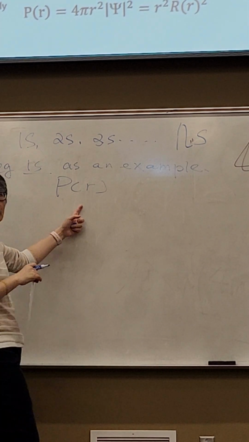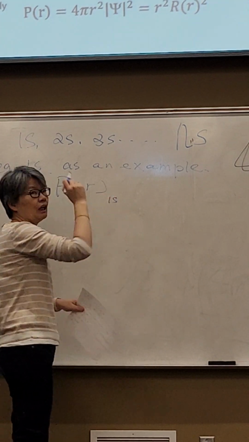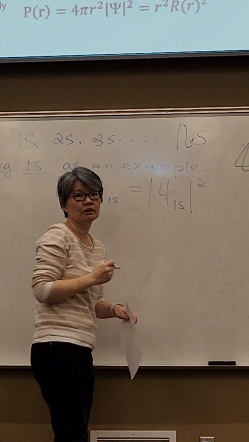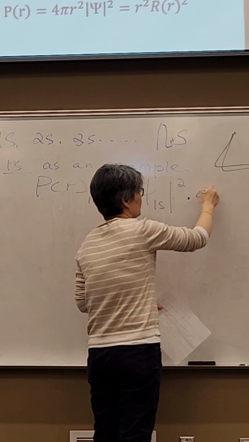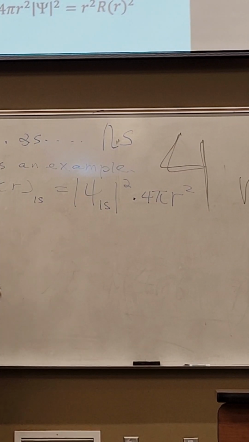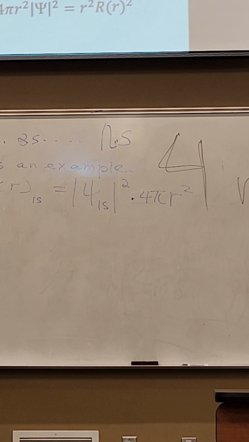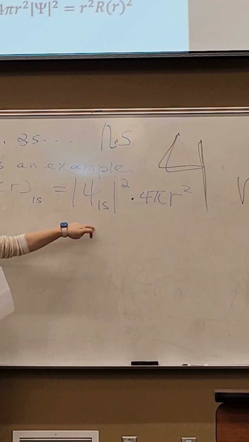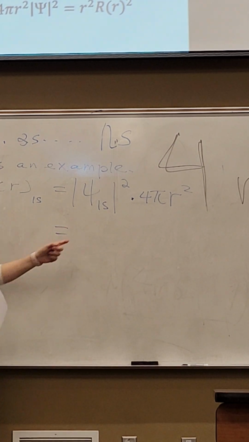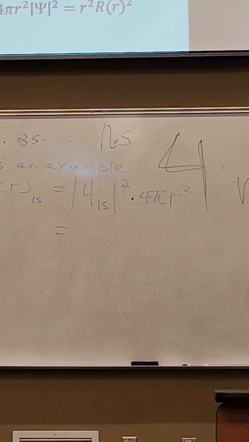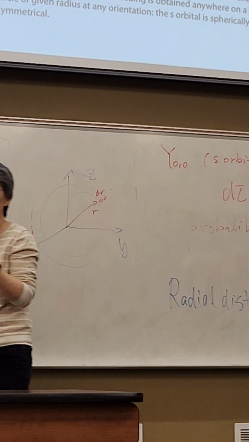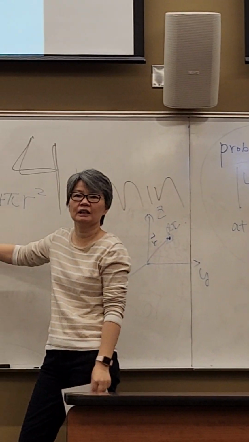Now, the radial distribution function for the 1s atomic orbital is your square modulus of the 1s atomic orbital times 4 pi r squared. So in that case, what is the wave function for the 1s orbital? It's a product of the two components, right? The angular component and the radial component. Now, what is the angular component for this?